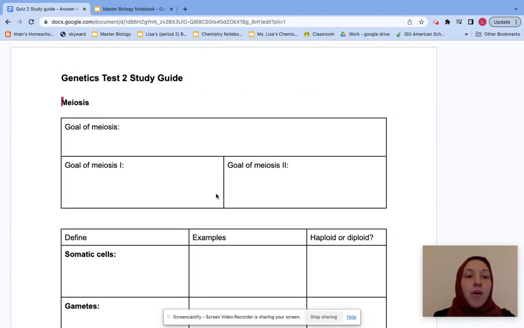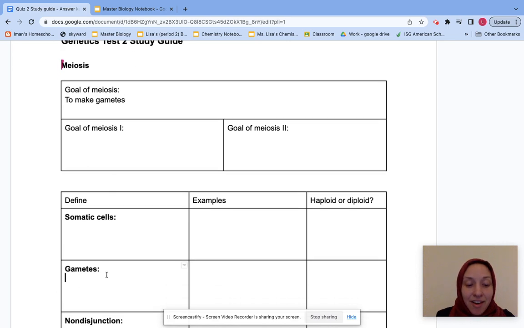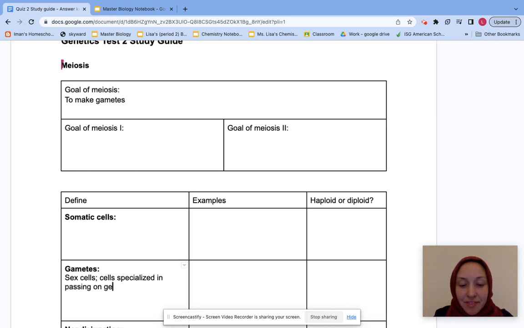Okay, first we'll talk about meiosis. And what is our goal of meiosis? So our goal of meiosis, we are trying to make gametes. And so then your question might be, well, what is a gamete? Okay, gametes are sex cells, or they are cells specialized in passing on genetic information to offspring.